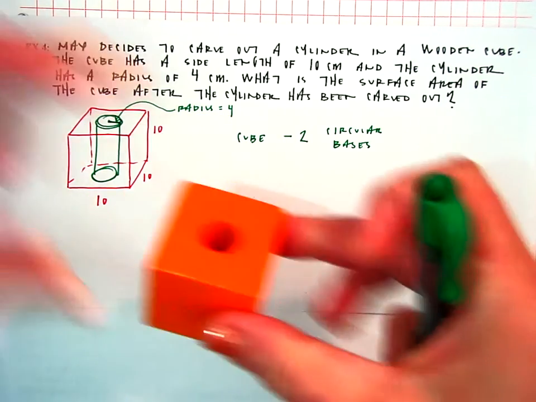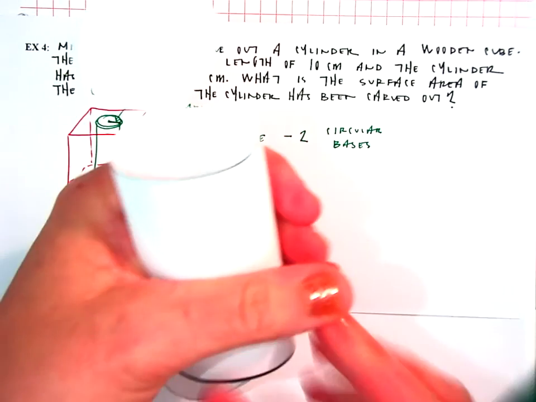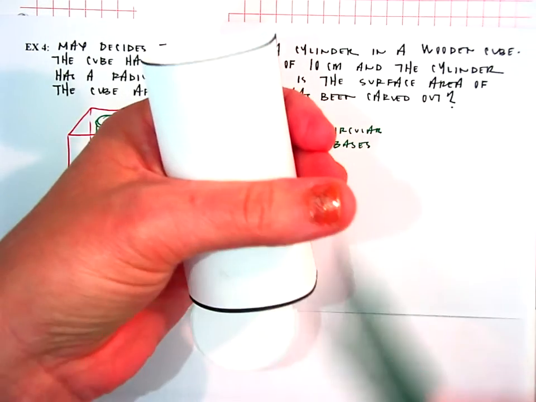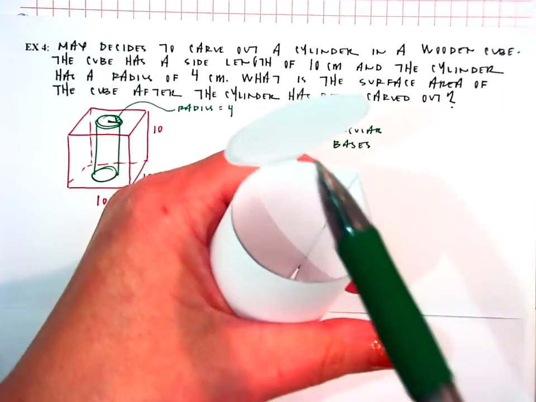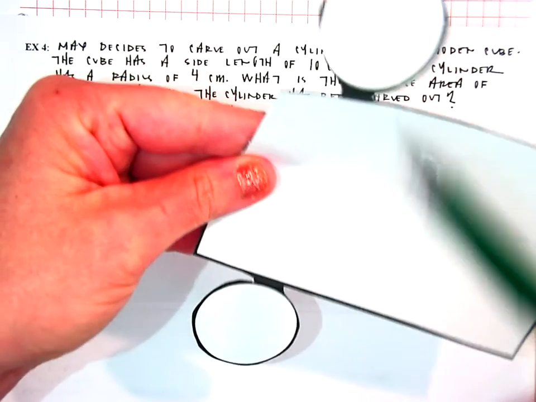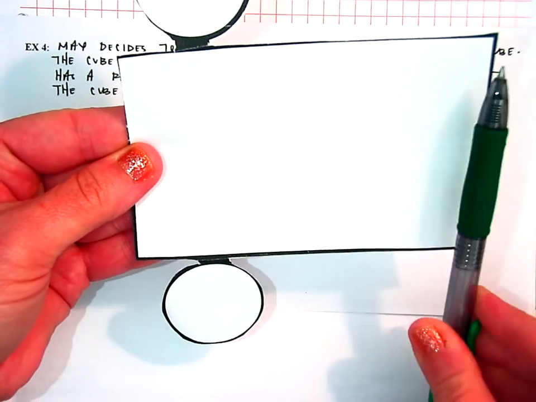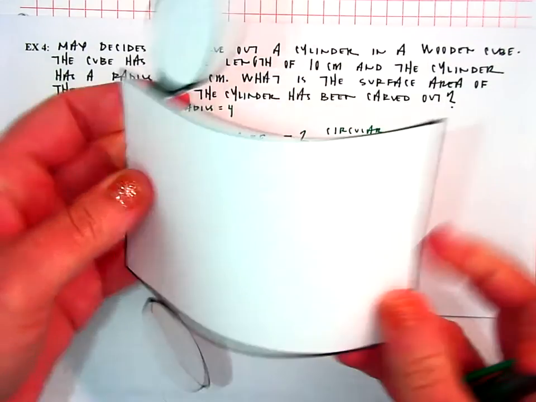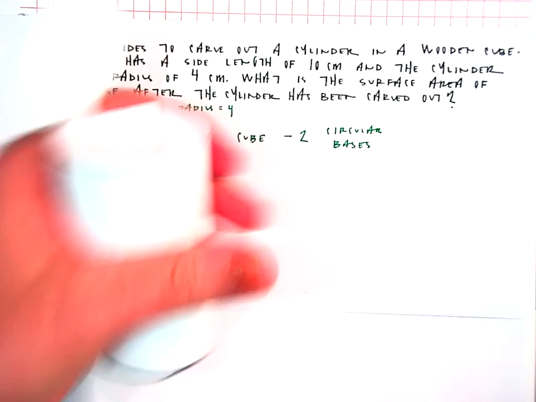If I go back to my net, that is this part right here. That curved lateral face is what is now exposed. With these two bases removed, when I fold it like this, it looks like the label of a soup can.